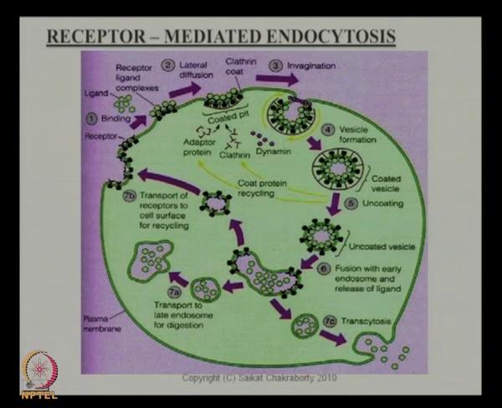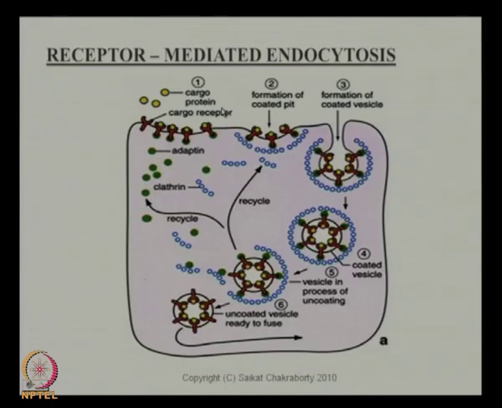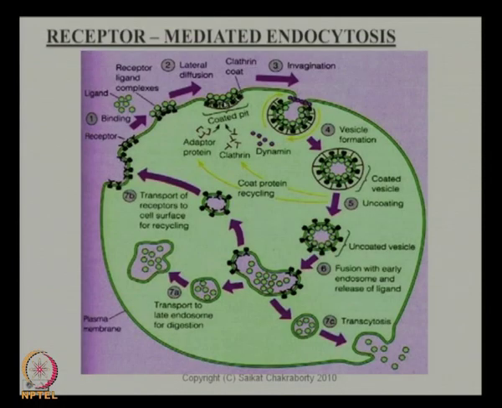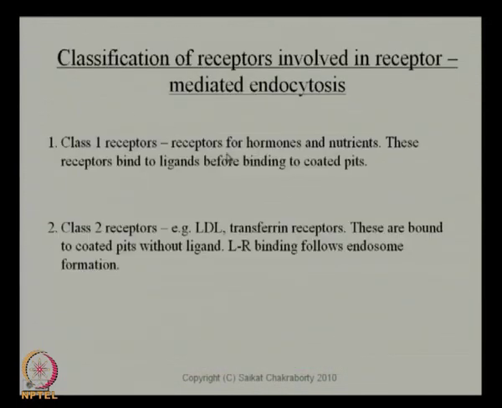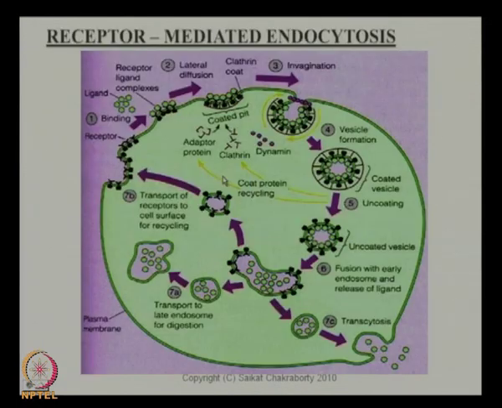The green things are the ligands here, and then the coated pits are formed. Okay. So, this receptor binds to the ligands before binding to the coated pit. So, this is my class 1 receptor, and what would be my class 2 receptor?